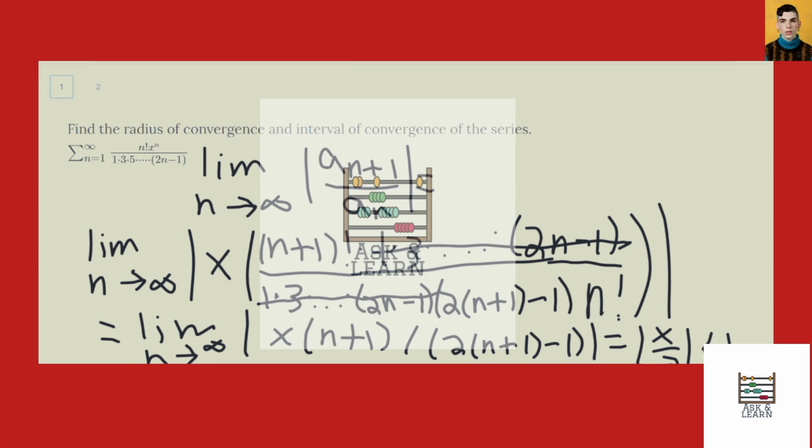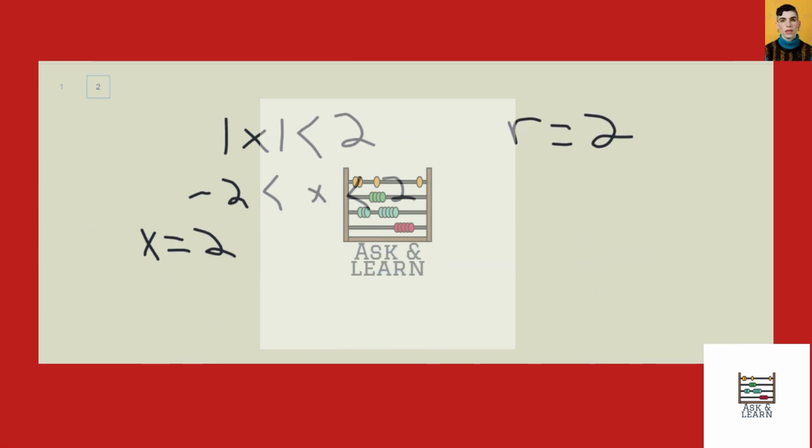So what happens if we plug in x equals 2 here? If x is equal to 2, then we have n factorial times 2 to the n divided by 1 times 3 times dot dot dot times 2n minus 1.